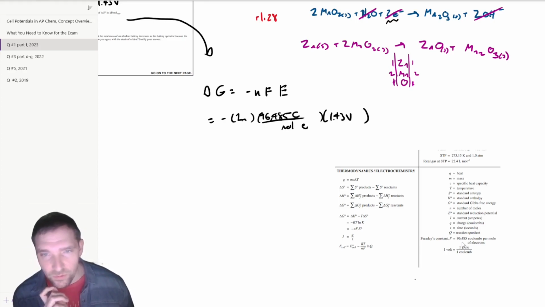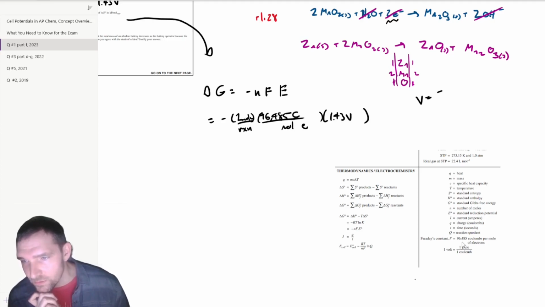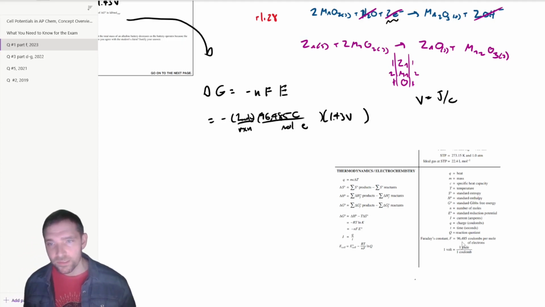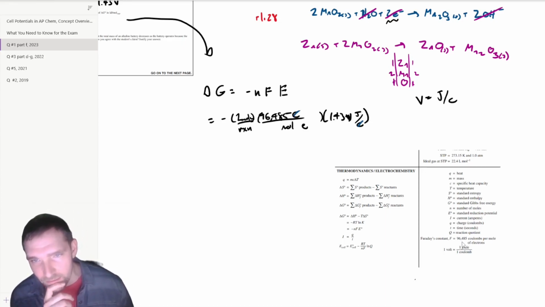Because there's 2 moles e per reaction, you can think of the moles canceling out. And then this is volts. And remember, 1 volt is equal to joules per coulomb. So instead of writing this as volts, I'm going to write it as joules per coulomb. And you can start to see how the coulombs cancel out, the moles e cancel out as well.